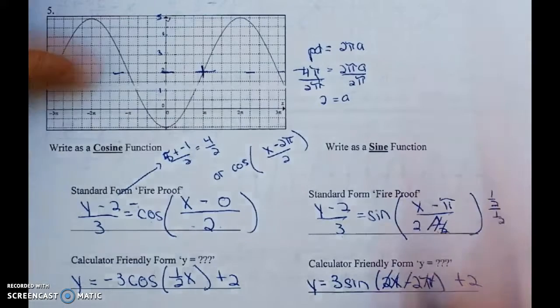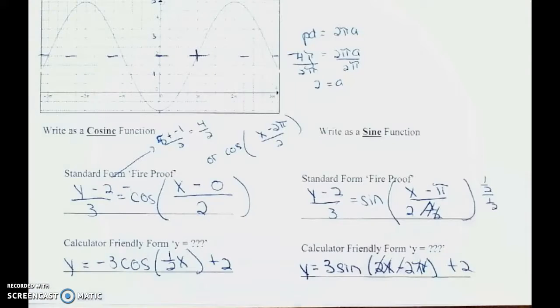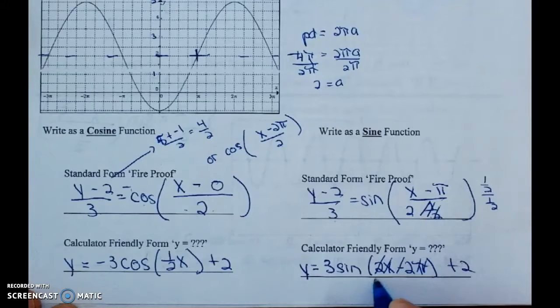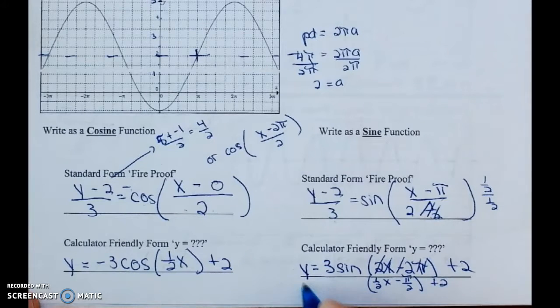That would give me 1/2 x minus pi over 2. Maybe that was the issue in here and I fixed it for you.